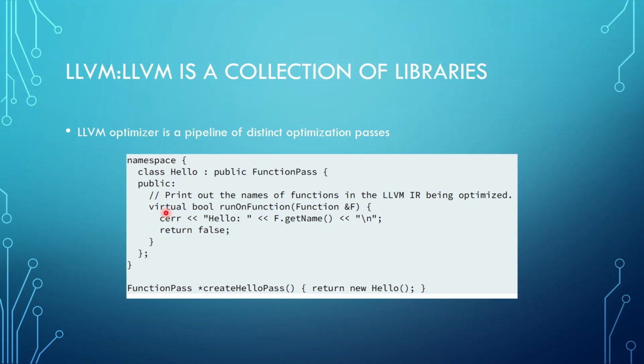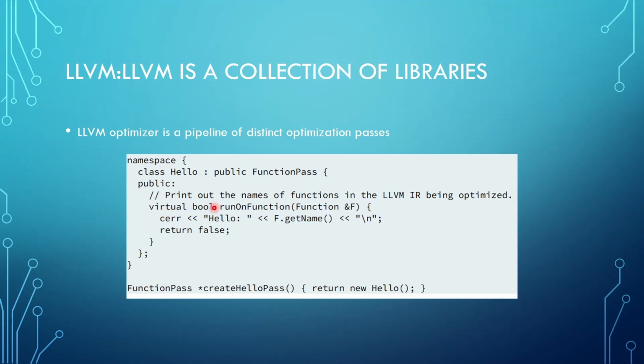These libraries provide all sorts of analysis and transformation capabilities, and the passes are as loosely coupled as possible. Loosely coupled means they are expected to stand on their own, or they should explicitly declare their dependencies on other passes if they depend on some other analysis to do their job. And this dependency information is used by the LLVM pass manager to optimize the execution of passes.